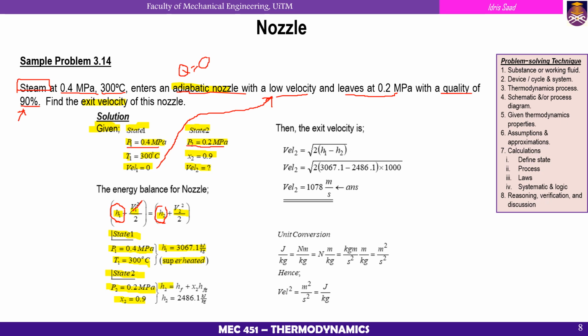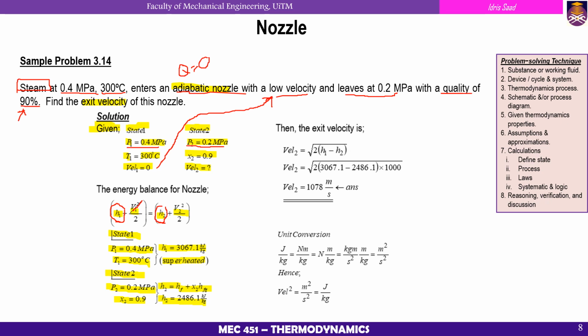Therefore, H2 is equal to HF plus x2 HFG at the pressure of 0.2 megapascal. Based on this calculation, we get that H2 is equal to 2486.1 kilojoule per kilogram. So therefore, we already have the value of H1 and the value of H2.